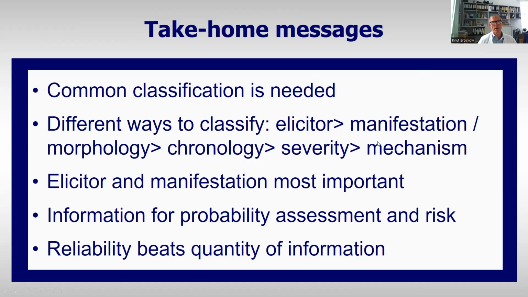So you give information about the elicitor, about the manifestation and morphology, about the chronology, sometimes about the severity, and in the end, about the mechanism. Of those, the elicitor, to avoid, and the manifestation as a severity parameter are most important. This is important information for probability assessment and the risk of the patient. And it's important that reliability beats quantity of the information.